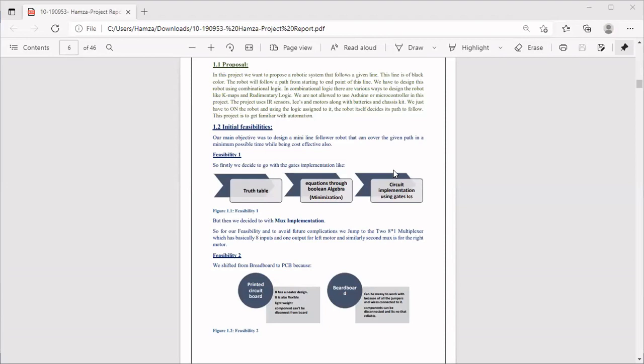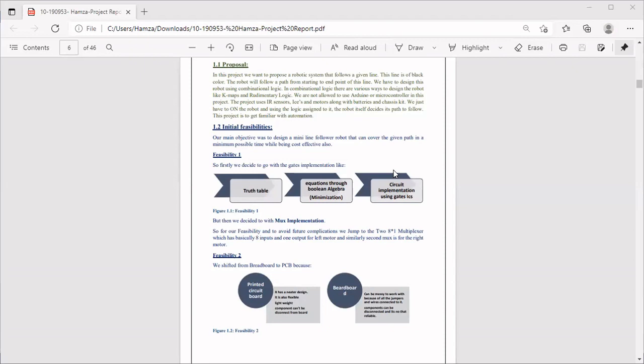So till now we have discussed how we designed this robotic system. First we designed the truth table. After that we simplified the truth table using Boolean algebra and different Boolean equations.